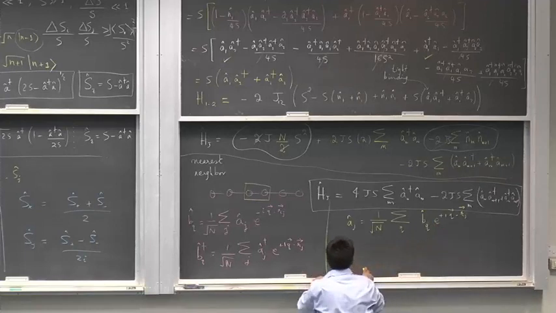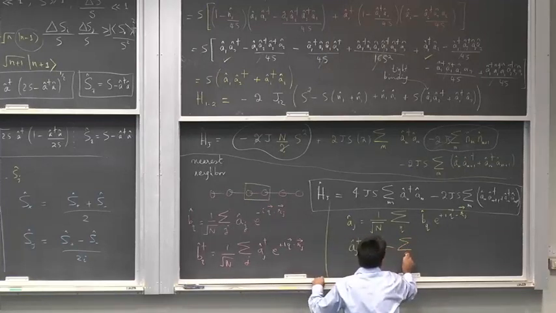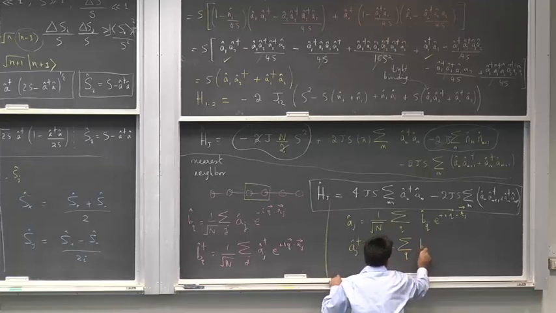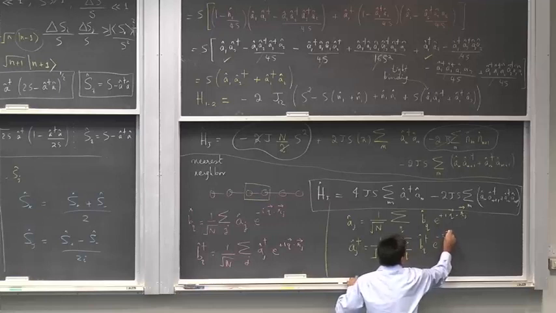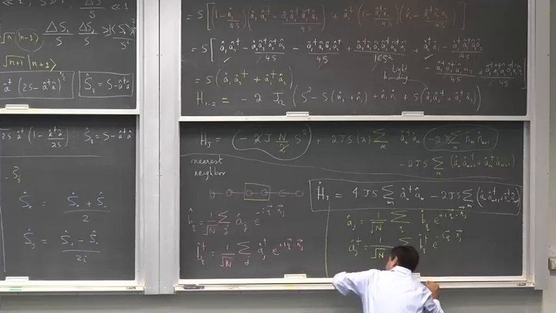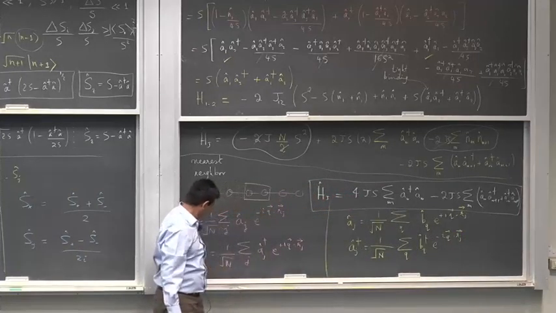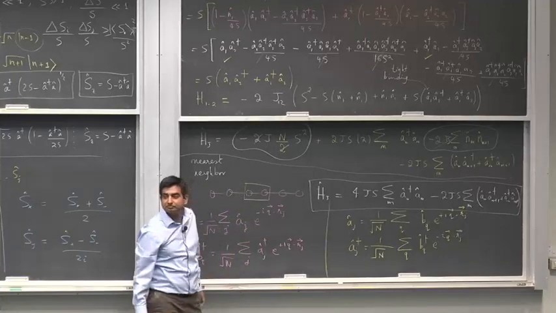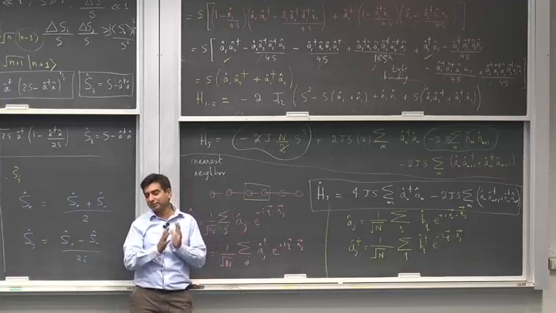If I take the Hermitian conjugate of this, a_j dagger is 1 over square root n sum over all the q's b_q dagger e to the minus i q r_j. So these are our definitions for the Fourier and inverse Fourier transforms.